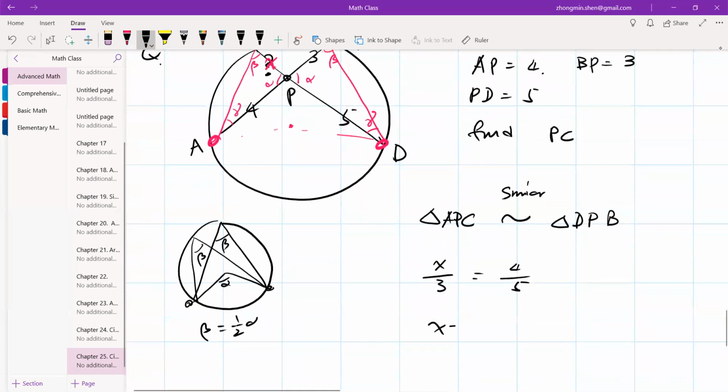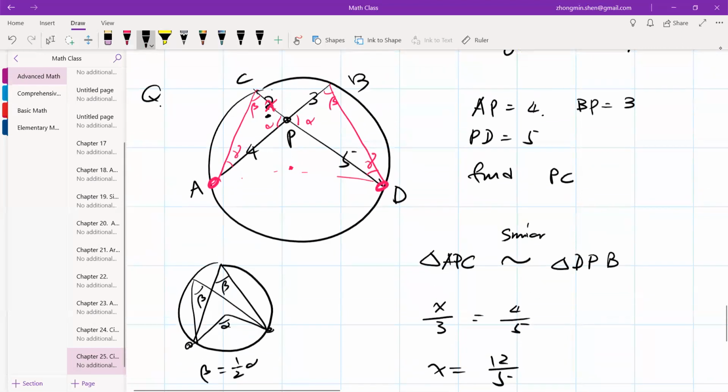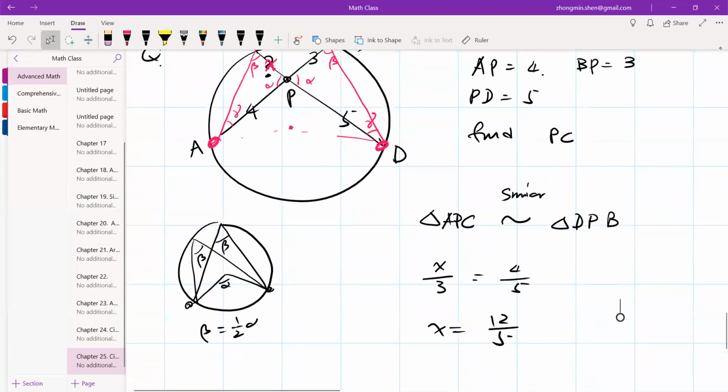So X is going to be 12 over 5, not an integer, not 2. We find the two similar triangles. This is a nice example. Even though three pieces are integers, the third one is not.